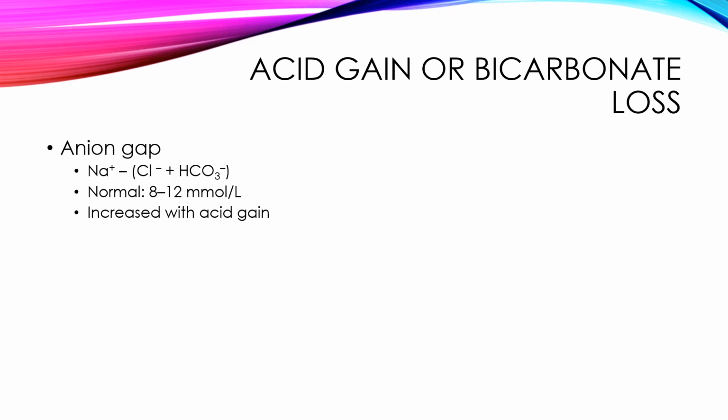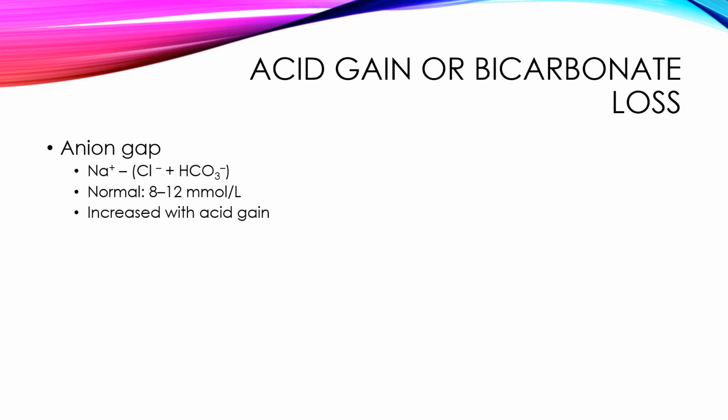So when we add those two together and subtract it from our sodium, that's going to tell us what our anion gap is. And a normal range is going to be from 8 to 12 millimoles per liter. So now when we see an increase, so above 12, we know that we have gained acid.